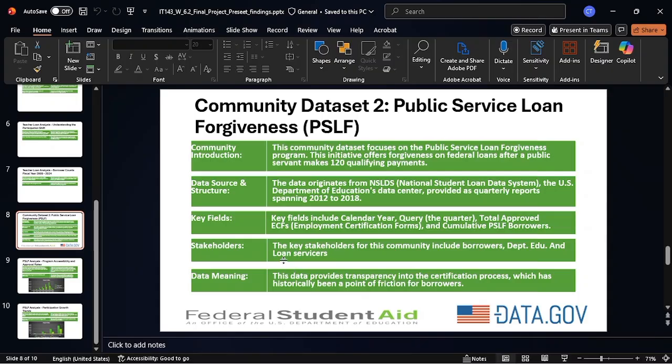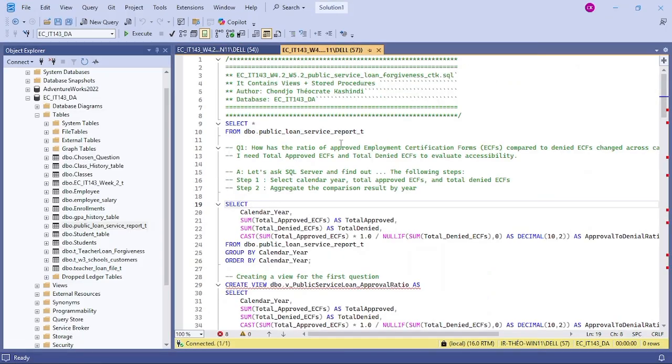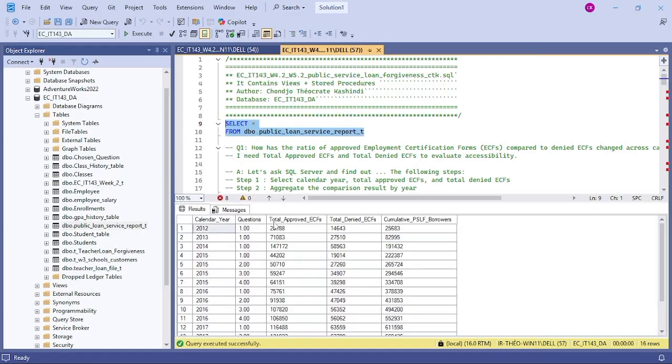Key fields for this dataset include calendar year, query or question, total approved forms, total deemed forms, and cumulative borrowers. You can see this over here. Okay, these are our fields.